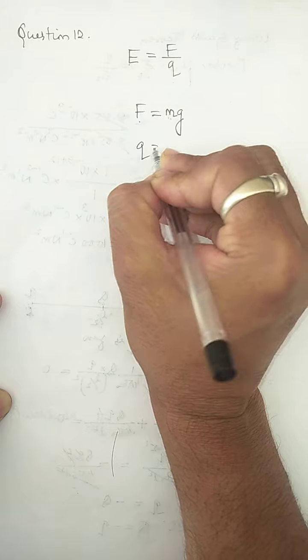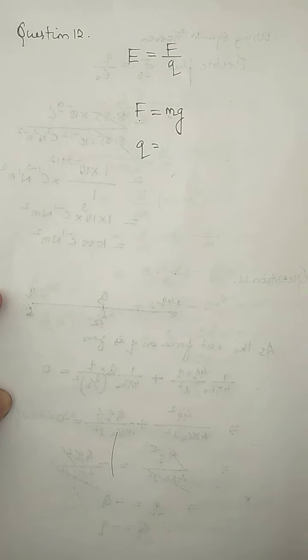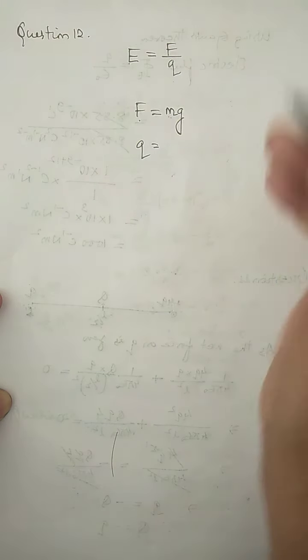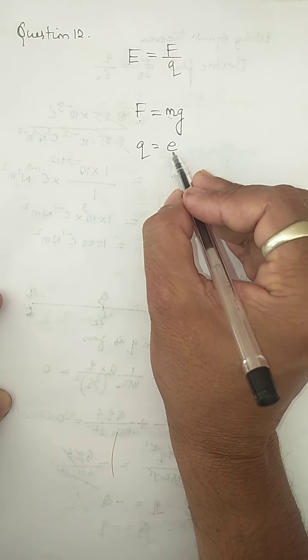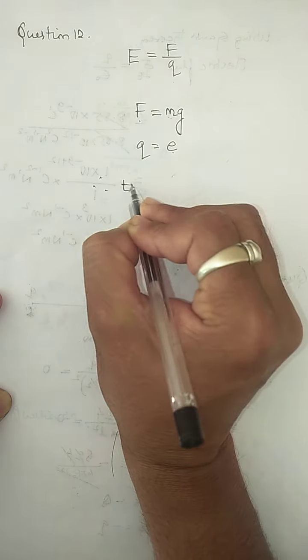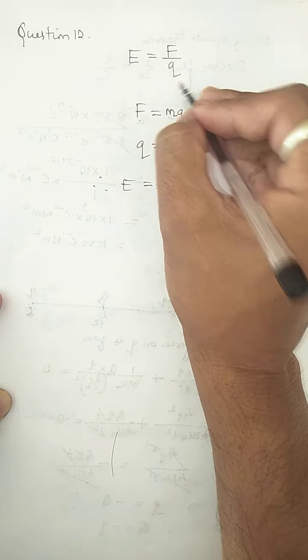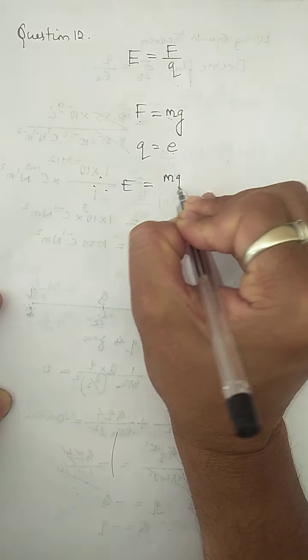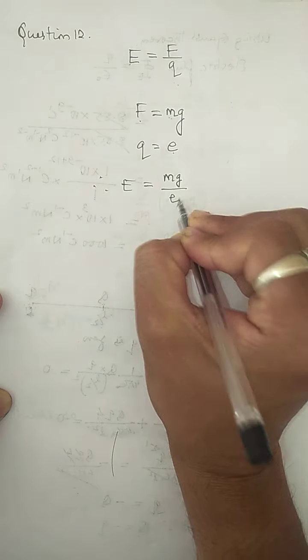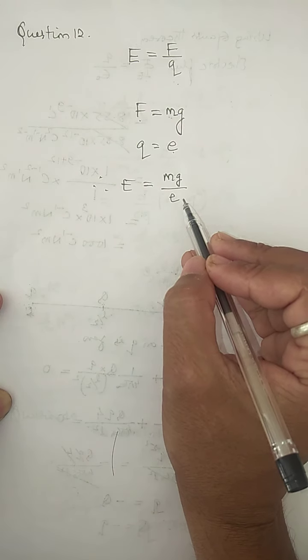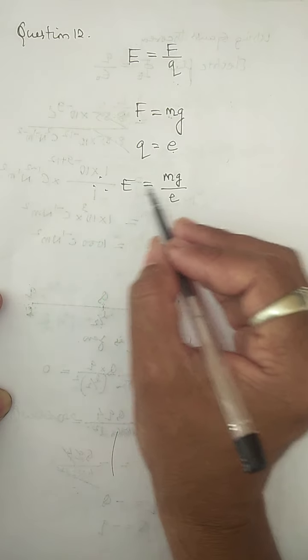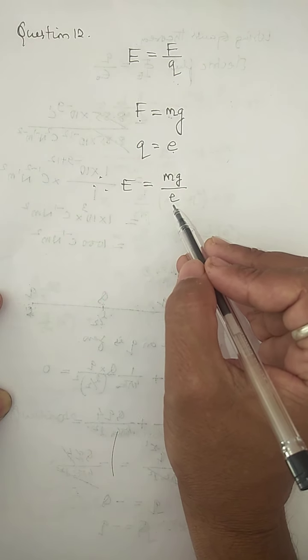Now what is the charge on the water drop? The charge of one electron, which is e. Then the electric field E equals F by q, with F being mg, so E equals mg by e.